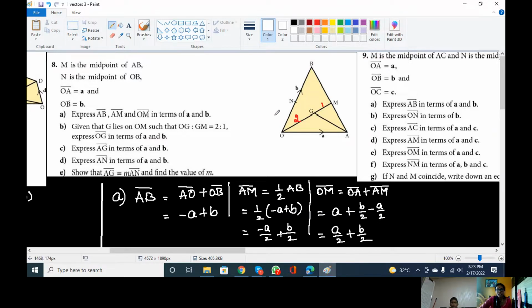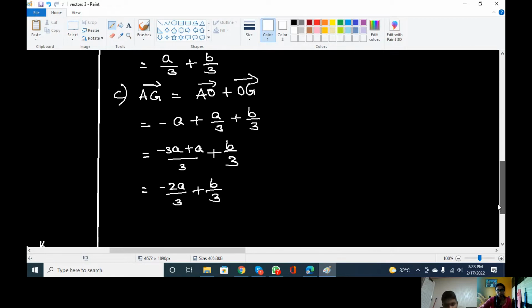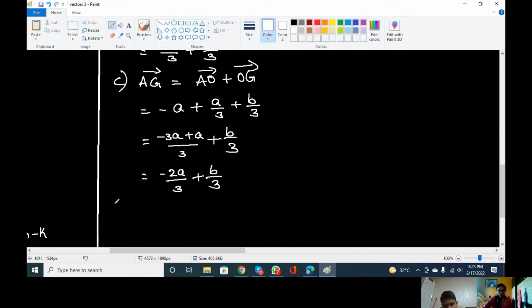So O to the N is half of B. N is a midpoint. Since N is a midpoint, we will write AN is equal to AO plus ON, half of B minus A. Yes, right. AN is equal to AO plus ON.